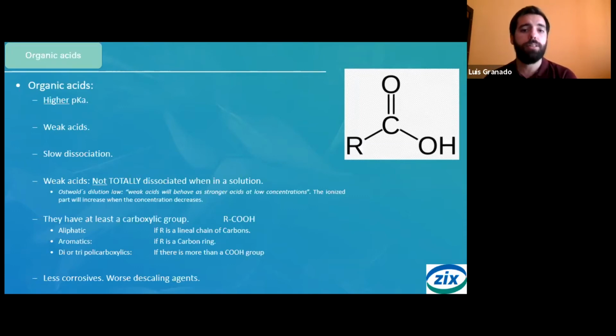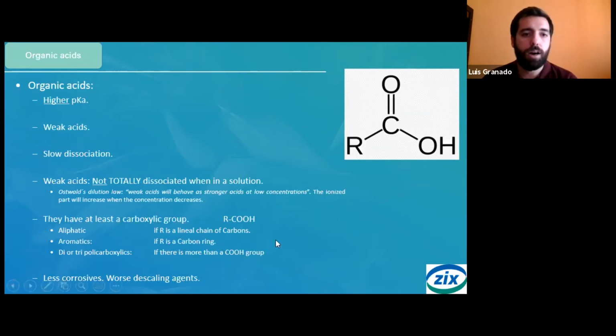When we are adding an organic acid into a solution, the pH of the solution will not decrease that much and that fast because a part of the acid will remain not dissociated. It is only the dissociated part, with its hydrogen proton out, the one that will provide acidity to the solution. And that is why we call them weak acids, all right? They acidify less when they are added into a solution.